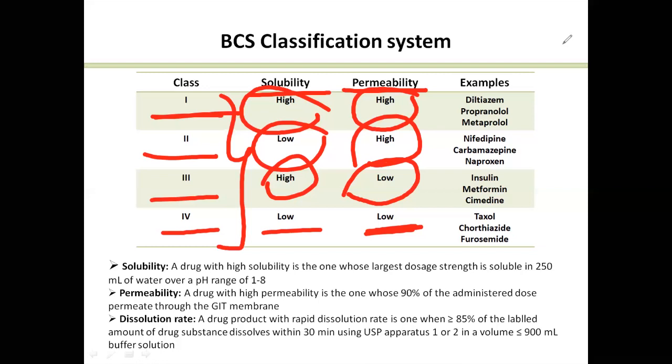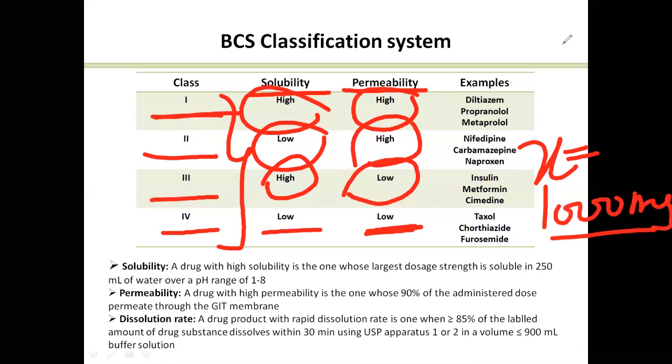Suppose I have some drug X and I can give a maximum of 1000 mg at a time to a person.